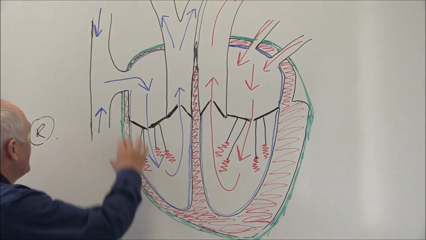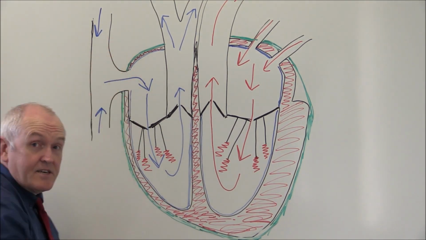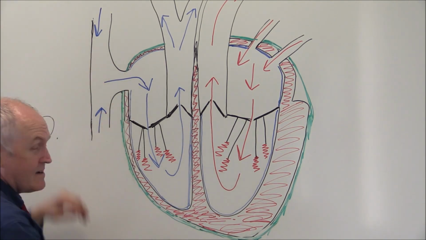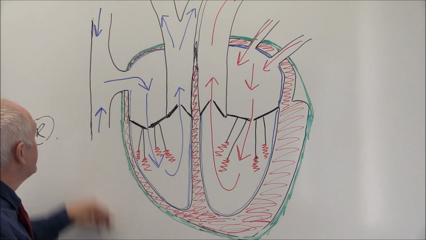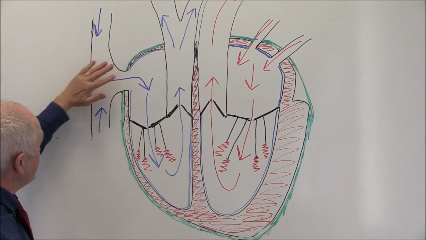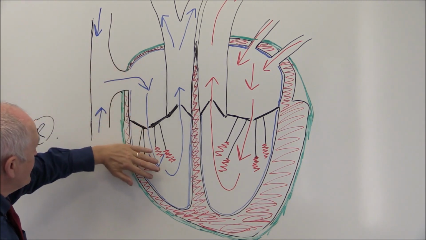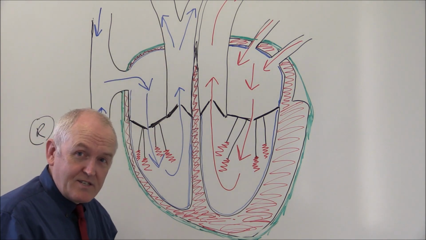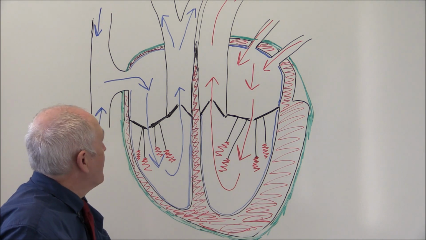We've also drawn on the partly deoxygenated blood returning from the systemic venous circulation via the superior and inferior vena cava, going through the right side of the heart and going off to the lungs in order to be oxygenated.